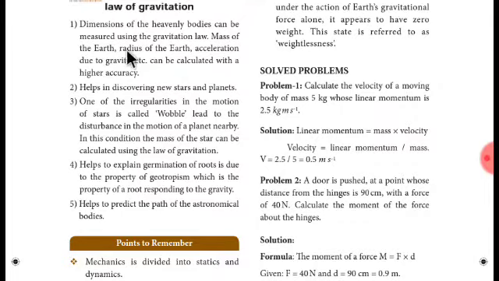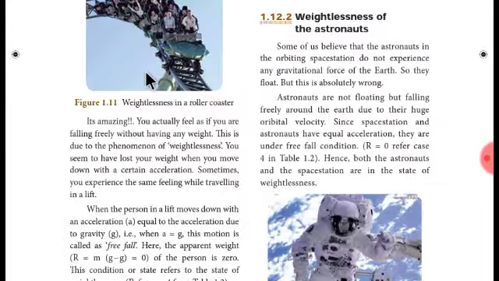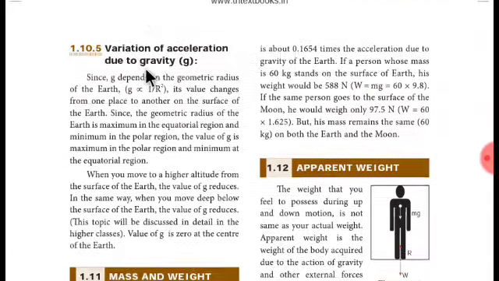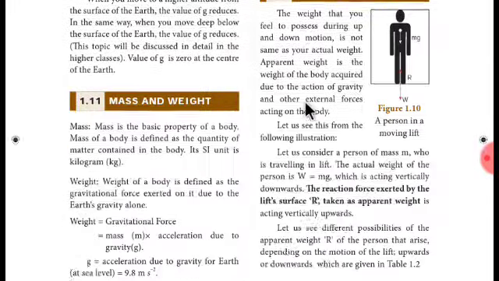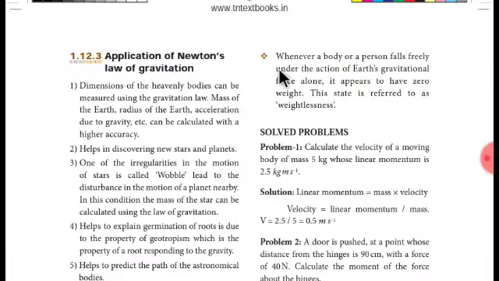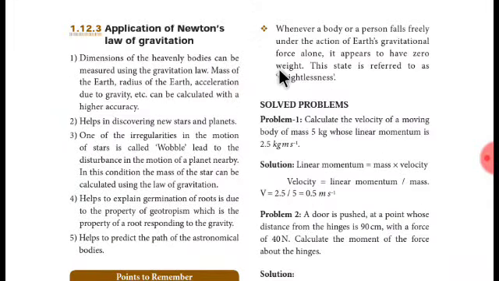And mass of the earth, radius of the earth, acceleration due to gravity can be calculated with a higher accuracy. I guess we got a topic to find the mass of the earth. Yeah, here we calculated the mass of the earth by using the gravitational law, right? And everything we can find with accuracy. You know what accuracy is, I don't want to explain more.